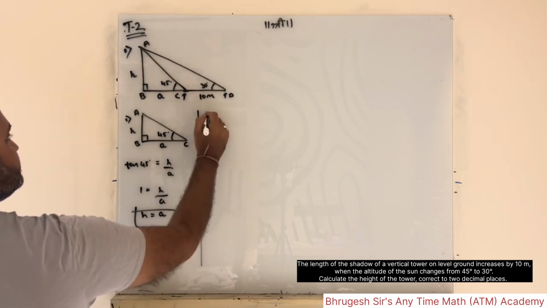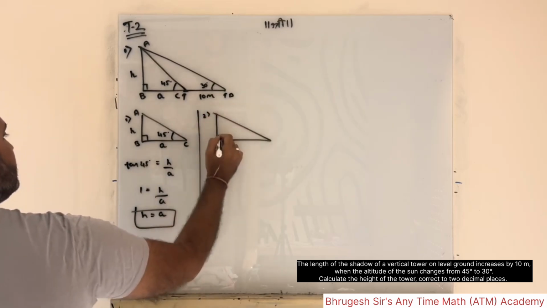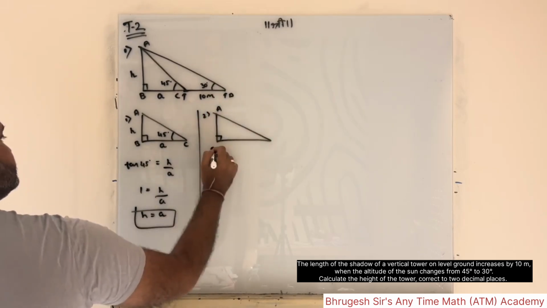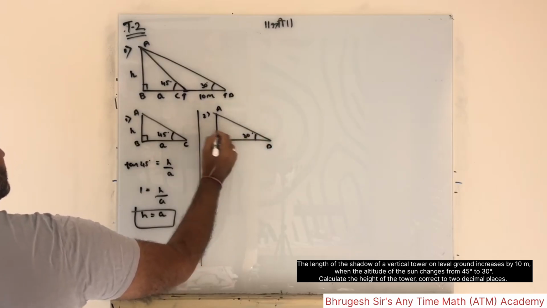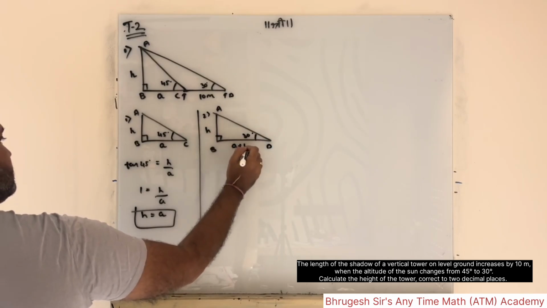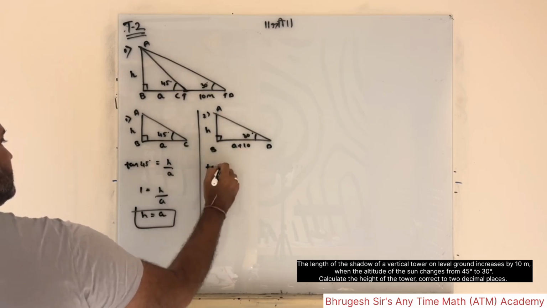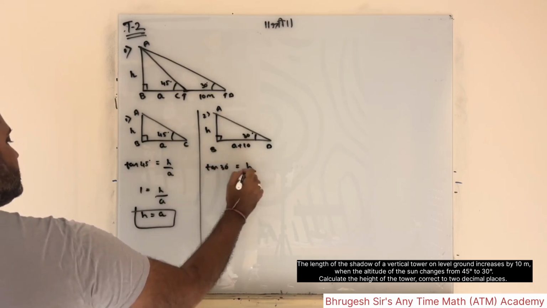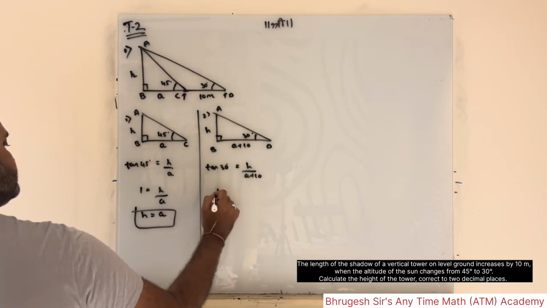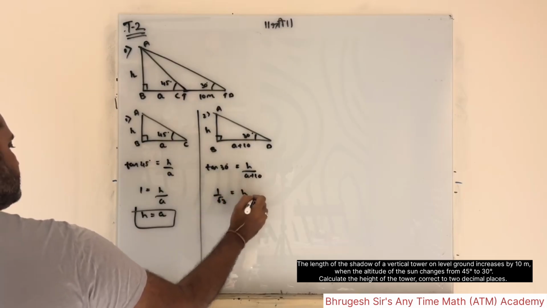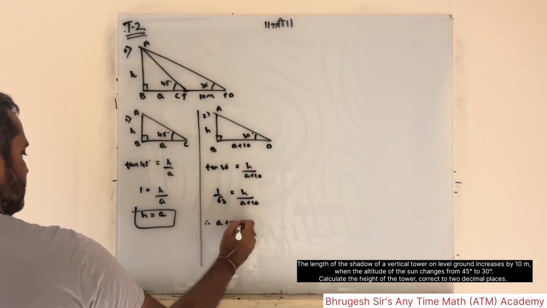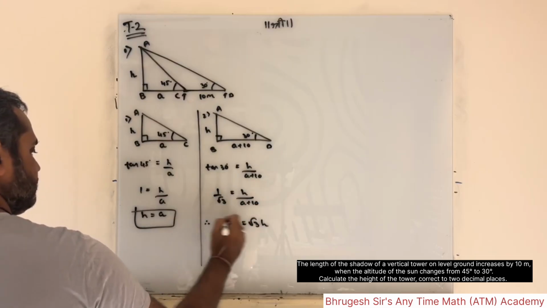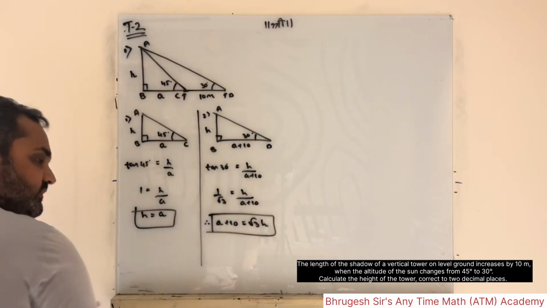Second, I'll use the entire triangle ABD. Tan 30 is opposite upon adjacent. A plus 10 is root 3 H. Are you with me, beta?